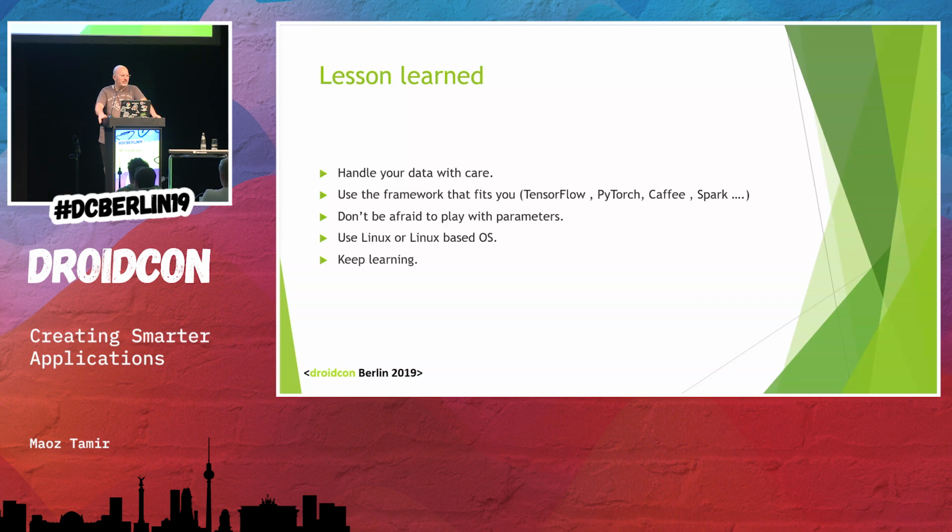Read about how to handle your data, which is really important. There are a few tricks for how to do that. Use the framework that fits you. Most of them work on Python. TensorFlow is very good and scalable, and of course very easy to implement in Android.